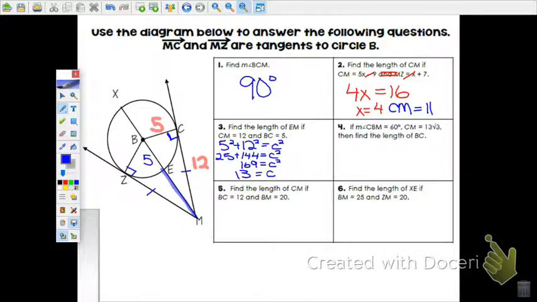So if I take 13 minus 5, then EM is going to equal 8. I'm going to get rid of that information in the picture so we can look at the next one.